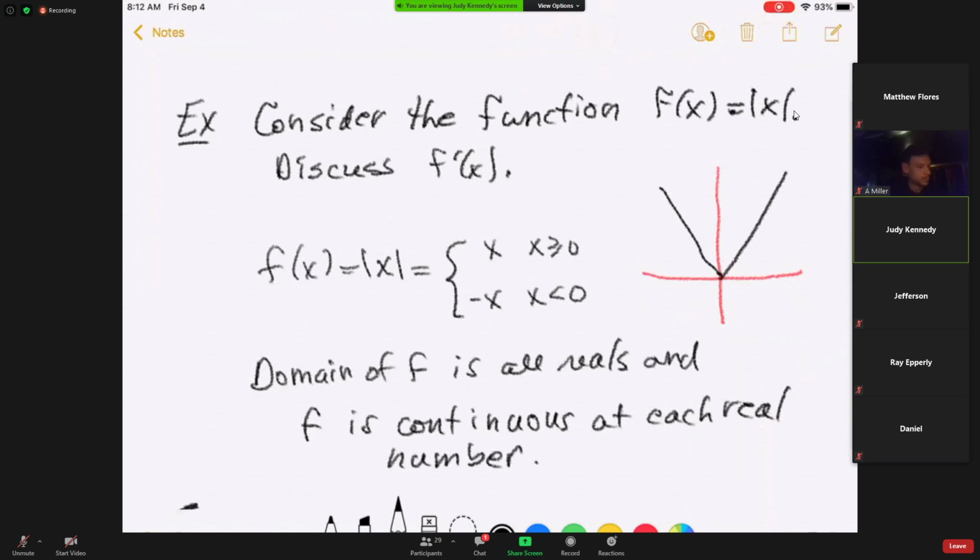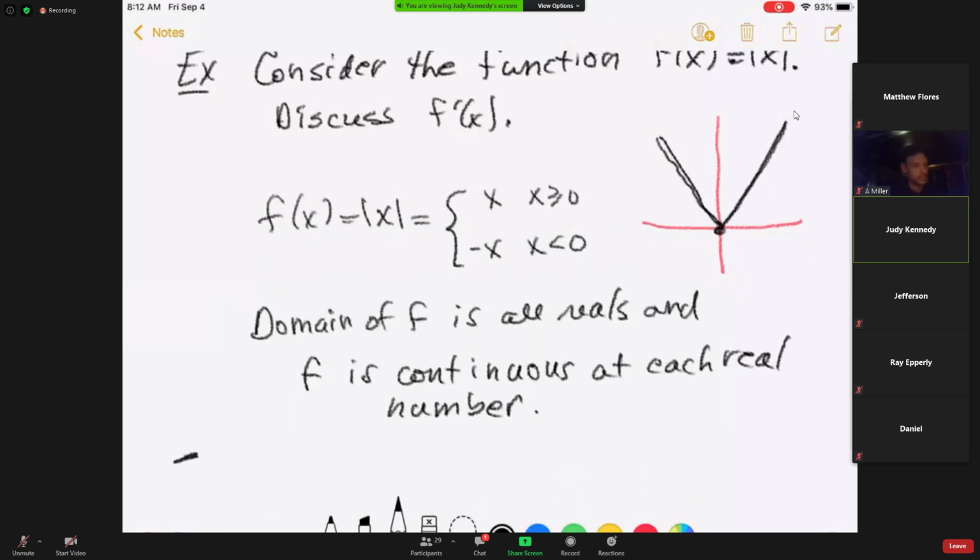So it's a nice continuous function. But, okay, it's a straight line here, a straight line there, and you've got this corner at 0, 0. Corners are bad news for derivatives, okay?